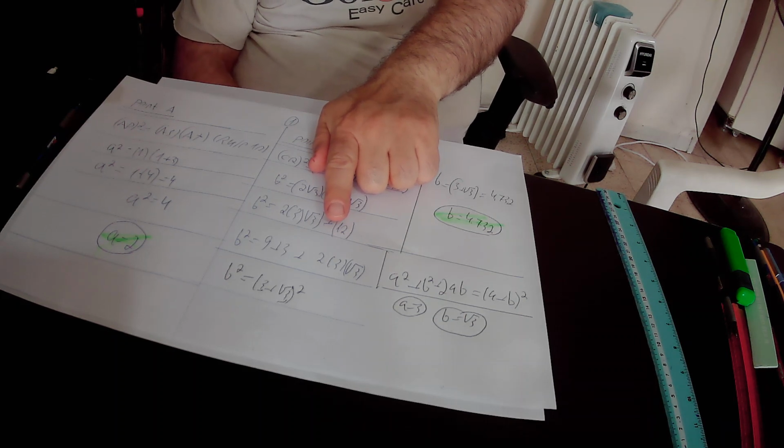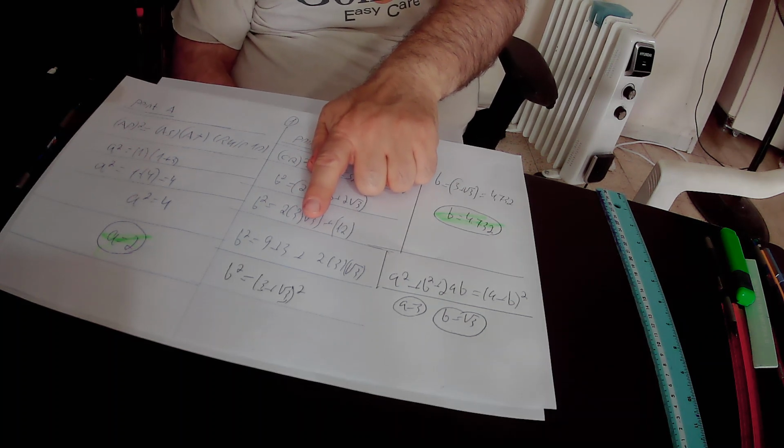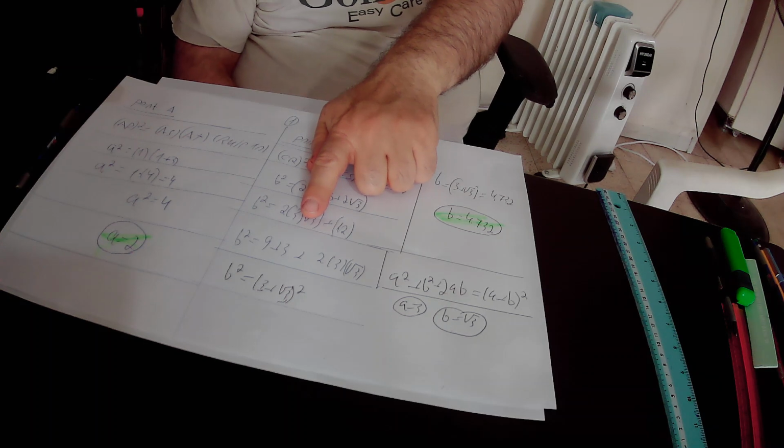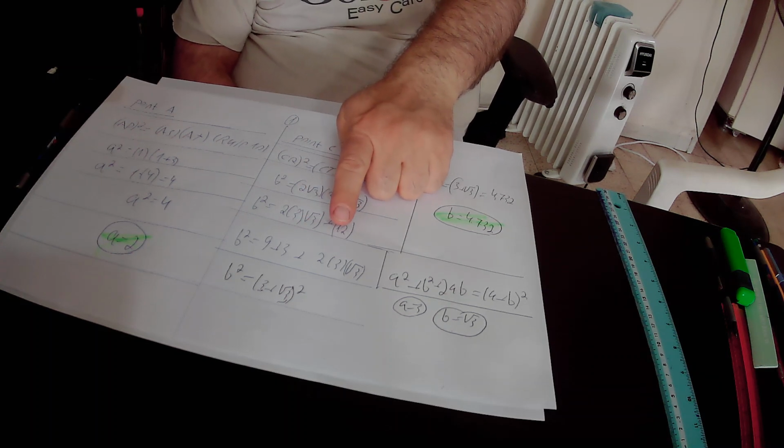Why? Because if A equals 3, then A square equals 3 squared, that is 9. B equals the square root of 3, therefore B square equals square root of 3 squared, that is 3, plus 2 times A, which is 3, times B, that is square root of 3.